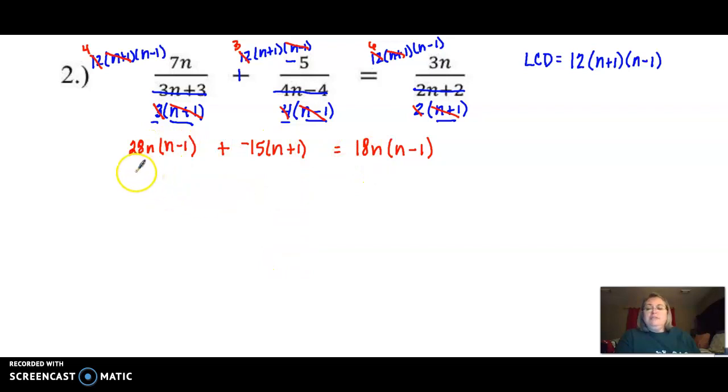Do all our distributing. We have 28n squared minus 28n, negative 15 times n, and a negative 15. When we distribute our 18, we have 18n squared and a negative 18n. Okay, so collect our like terms.